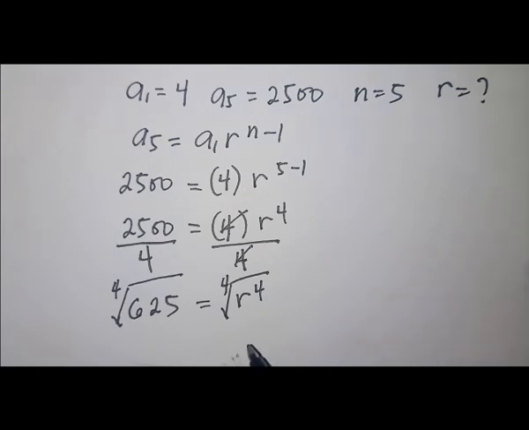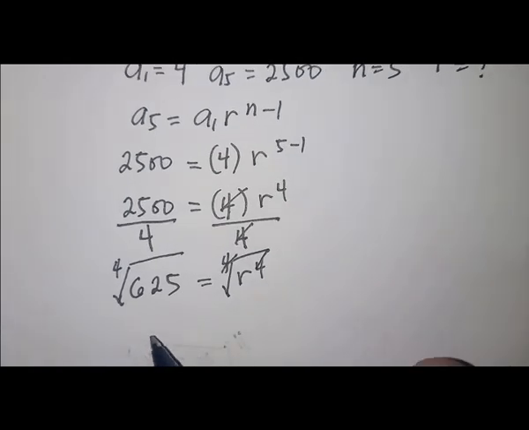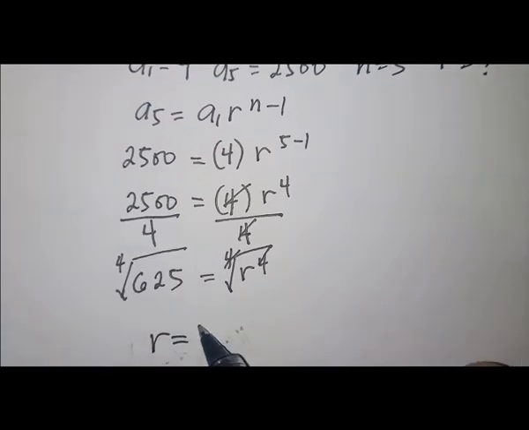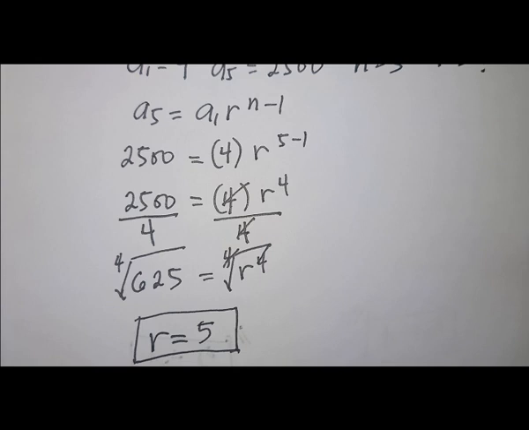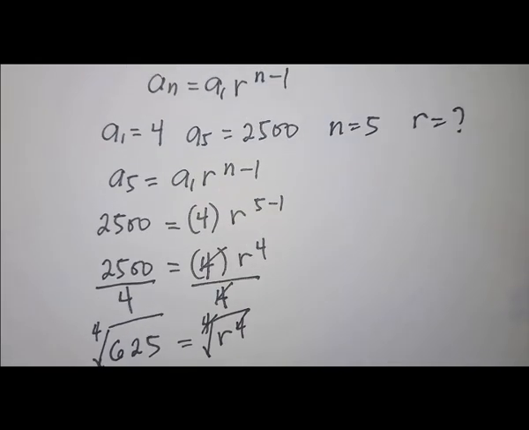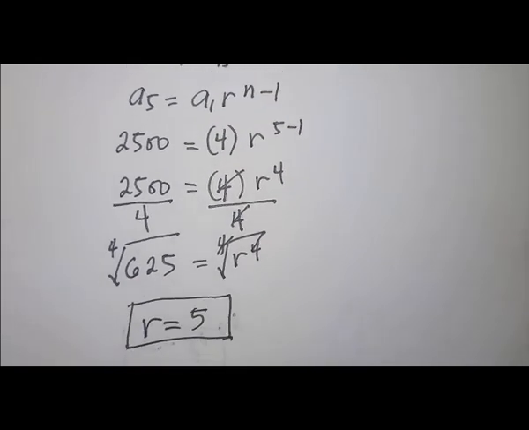So, 4th root of r raised to 4, cancel natin yung 4th root and exponent 4. How about 4th root of 625? The 4th root of 625, the value of your r is 5. Therefore, from this given, the common ratio is 5.